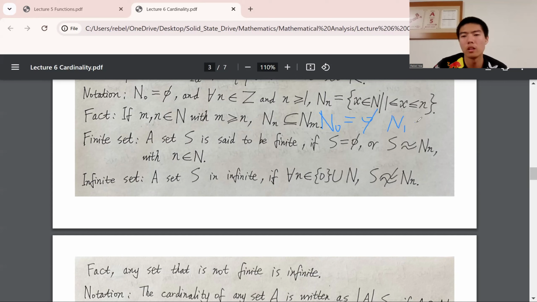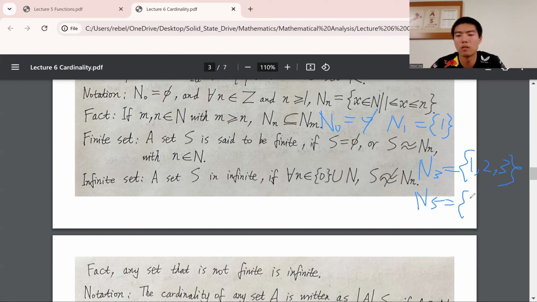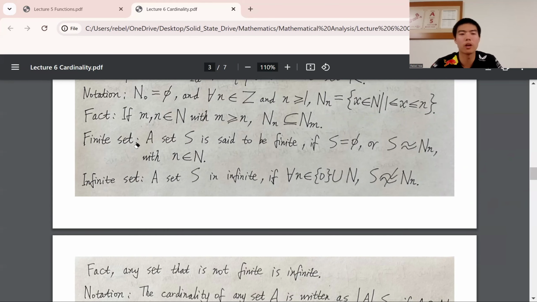And N1 is {1} because 1 is the only element in the natural numbers which is smaller than or equal to 1. And N2 is {1, 2}, N3 is {1, 2, 3}, and maybe N5 is the set {1, 2, 3, 4, 5}.